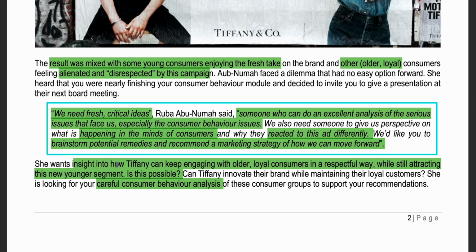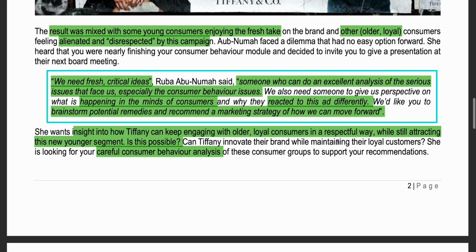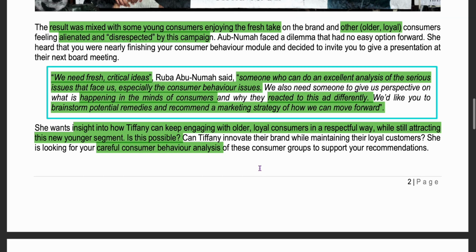She wants insight on how Tiffany can keep engaging with the older loyal consumers in a respectful way, still attracting the new segment. Would it be possible? Can Tiffany innovate the brand while maintaining loyal consumers? She is looking for careful consumer behavior analysis of the consumer groups and support for your recommendations.